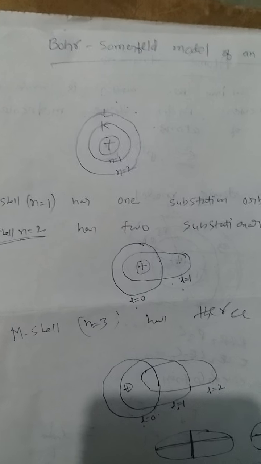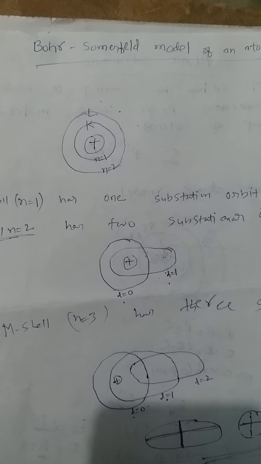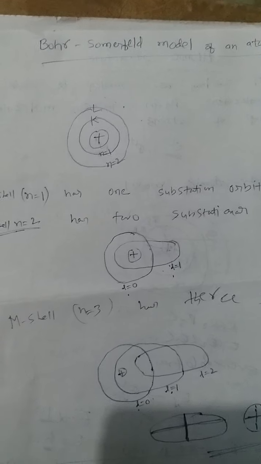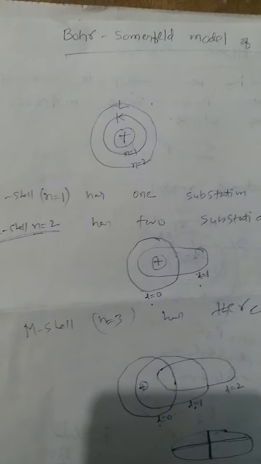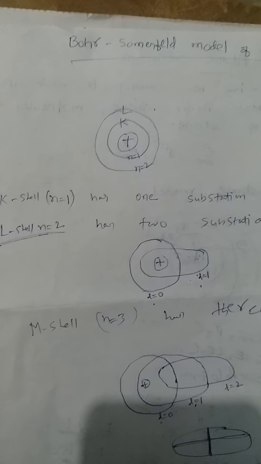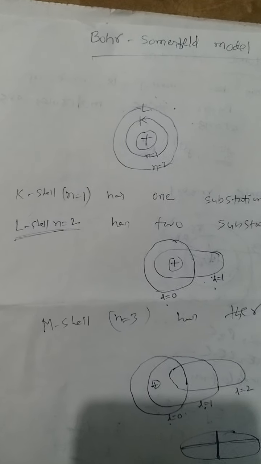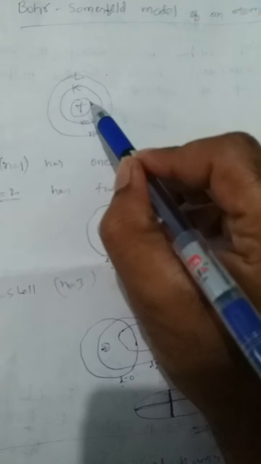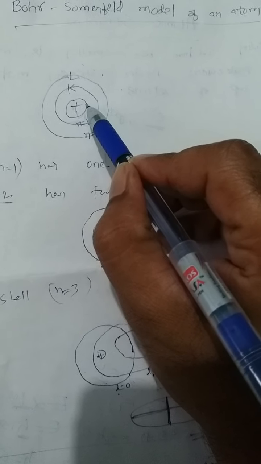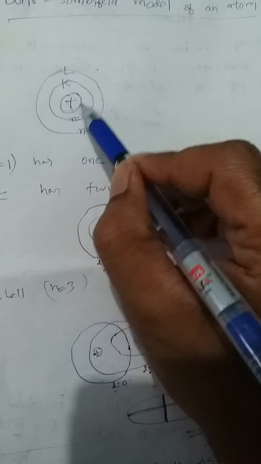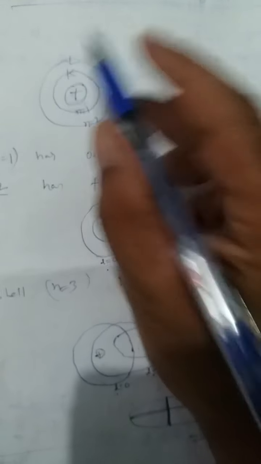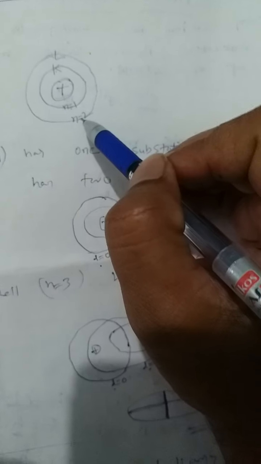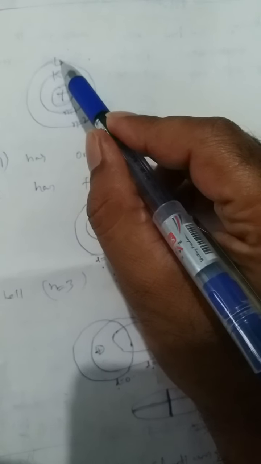which are denoted by K, L, M, N and so on. These are also denoted by n equal to 1, n equal to 2, n equal to 3 and so on. As we move far from the nucleus, the main shell size increases. This is the nucleus, this is the first main shell, that is n equal to 1 shell, also called K shell, and this is the second main shell, that is n equal to 2 shell, the L shell.